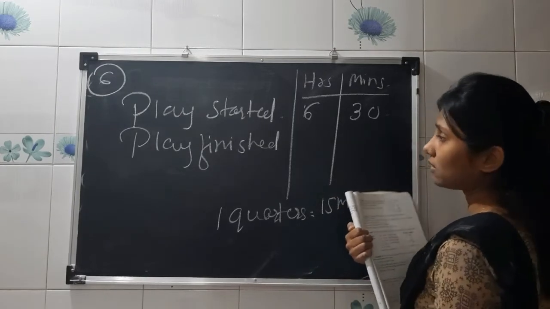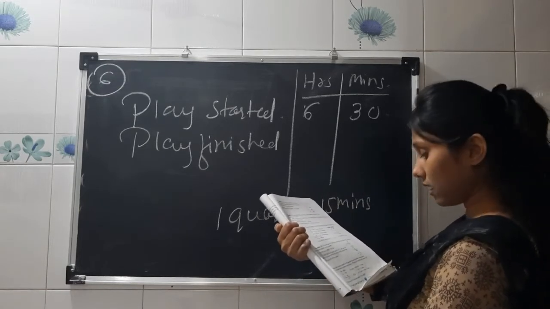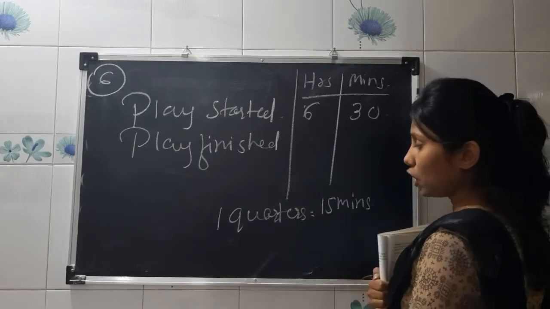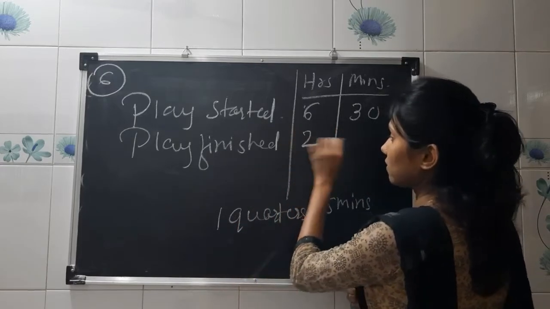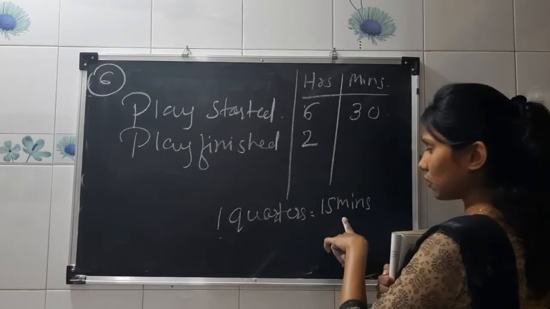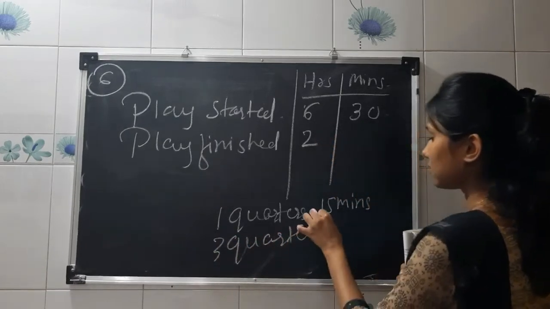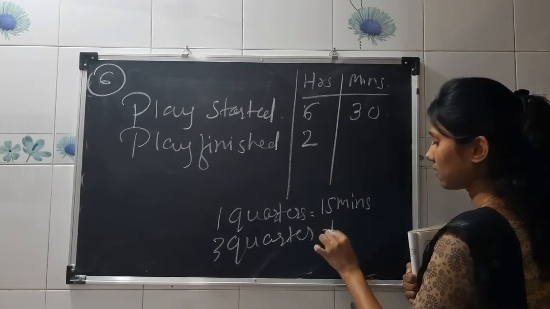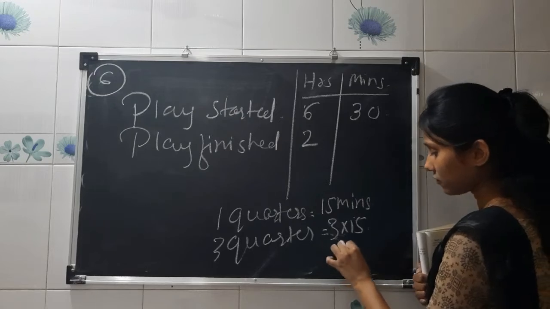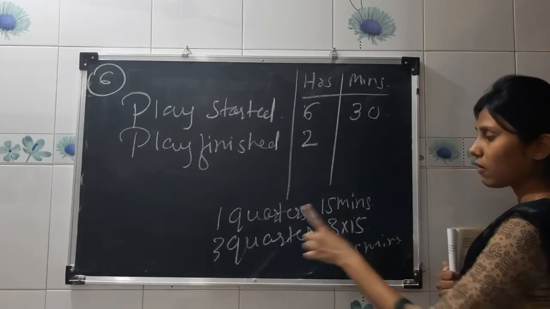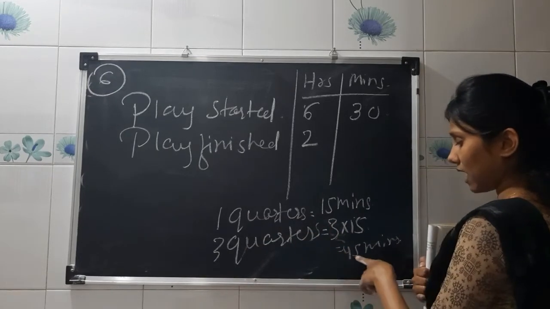But what they have given, it finished 2 3/4 hours. 2 3/4 hours means, if 1/4 is equal to 15 minutes, then 3/4 means 3 into 15. That is 45 minutes. Okay, 1/4 is a time of 15 minutes and 3/4 is a time of 45 minutes.